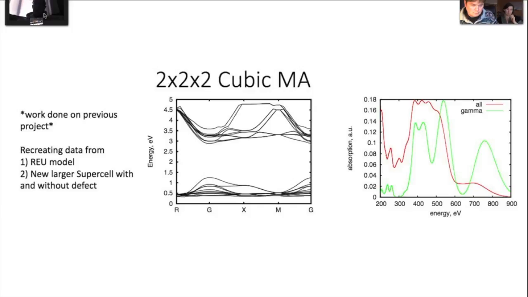One was an REU that Dakota had used, so that should be done shortly. And then I also built a 6x6x6, so just more or less doubling the unit cell we have now, with and without the central defect.